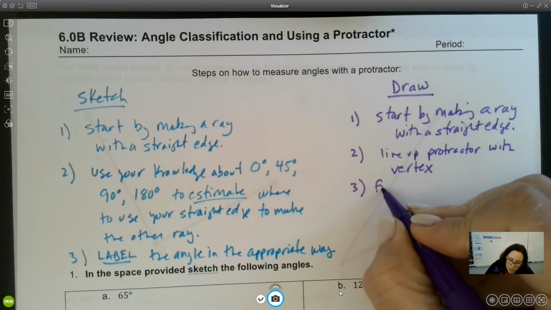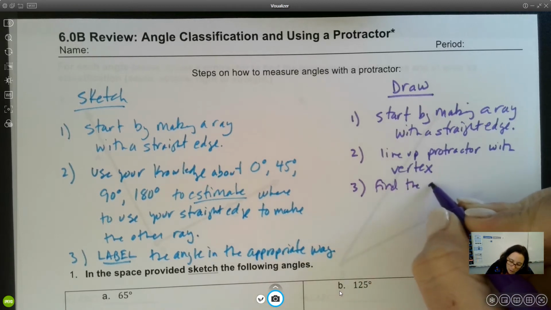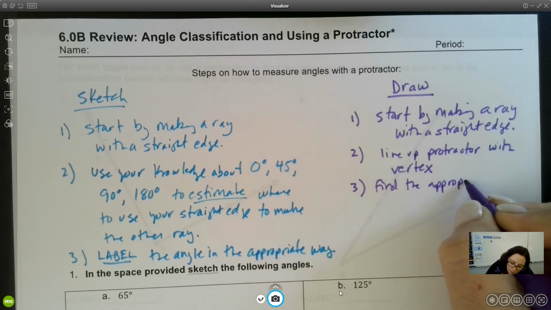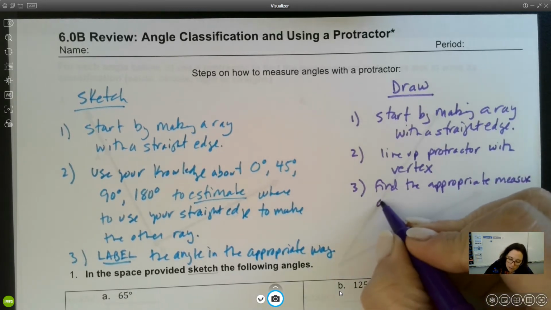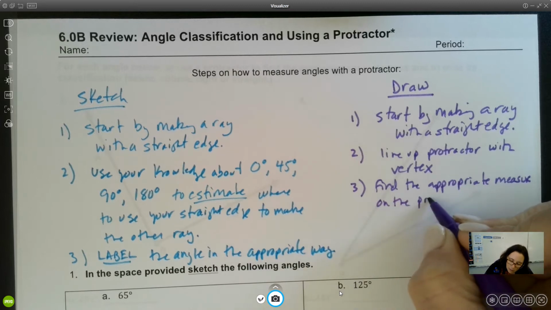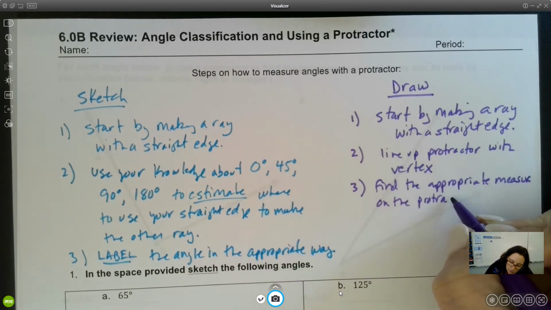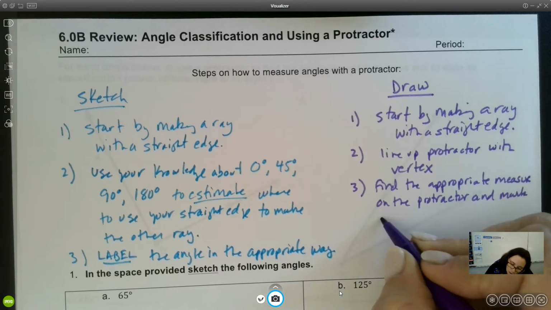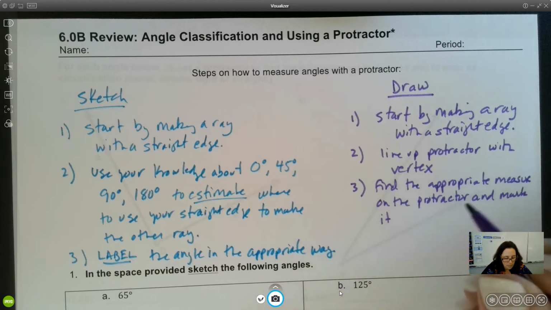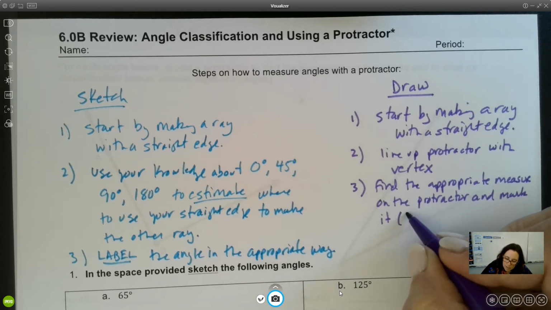All right, number 3. Find the appropriate measure on the protractor and mark it. Okay, this is important.